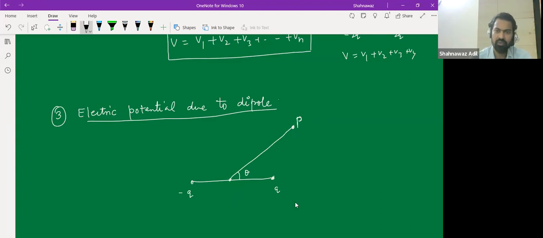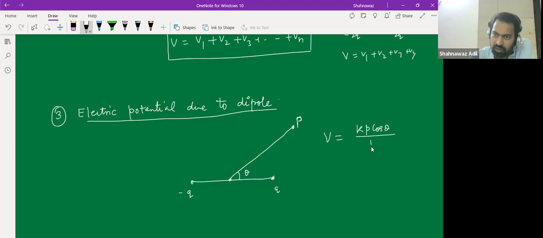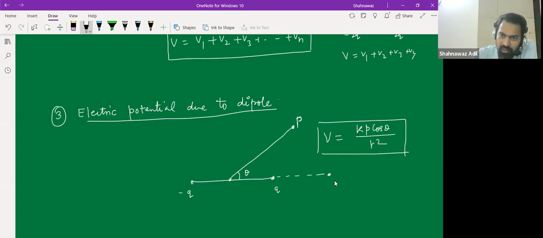Yeah. So we calculated the potential, and we found out that this was how much, Aisha? Kp cos theta by r square. Absolutely right. Yeah. So Kp cos theta by r square, and we found out that at the axial point, and then at the equatorial point.